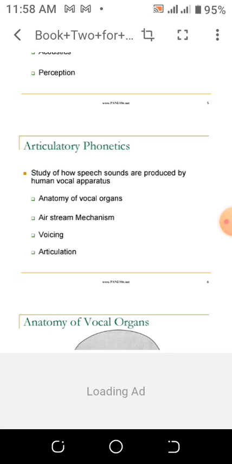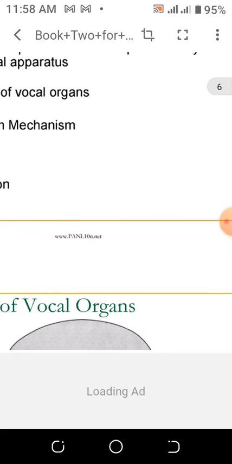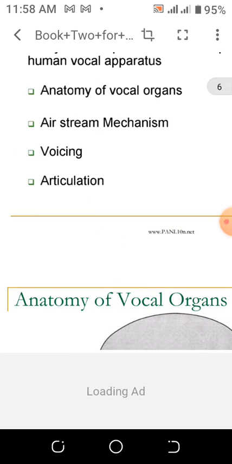Number two, the airstream mechanism. It studies how and under which conditions the air flows through our vocal cords, our breath pipe, and other things. Number three is voicing. The sounds that we speak are sometimes voiced and sometimes remain unvoiced, which means in silent voice.